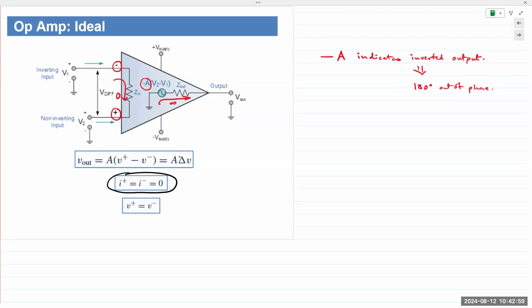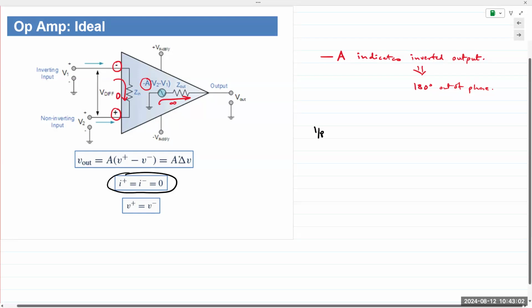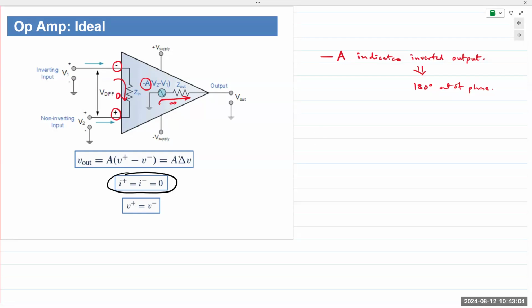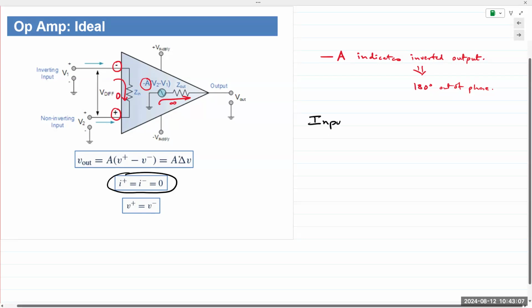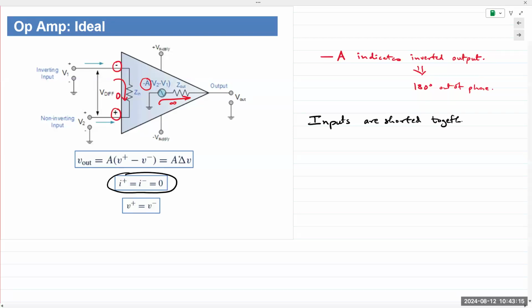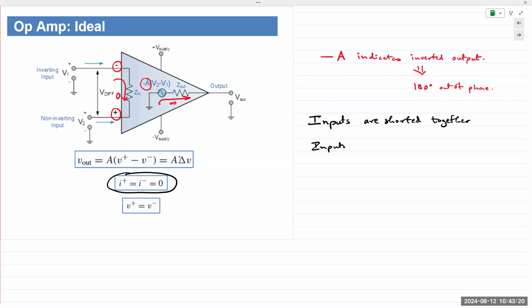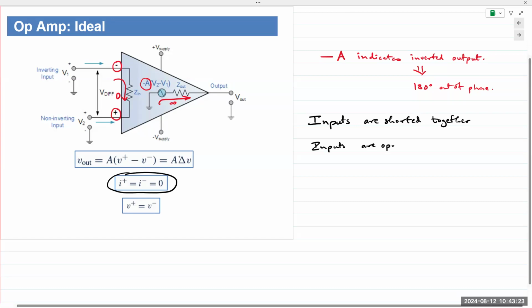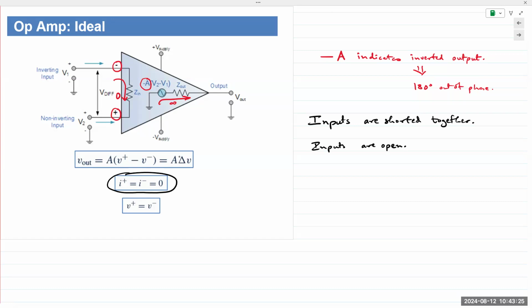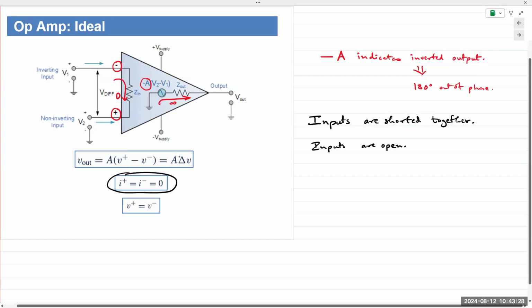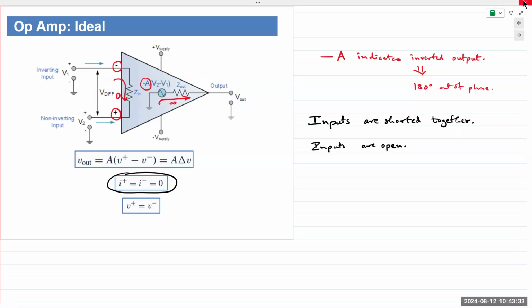So at the same time, according to our convenience, we can also say the inputs are open. And again, these are assumptions for different models depending on our needs and our purposes. Okay.